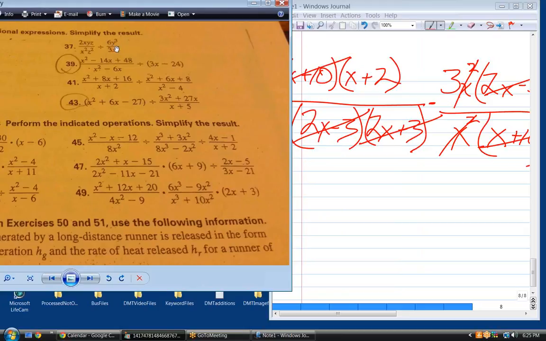Yeah, you flip that. Once you flip it, now you just take it letter by letter. Solve the number part, and then solve the x's, the y's, the z's. And that's all there is to those. They're pretty straightforward.